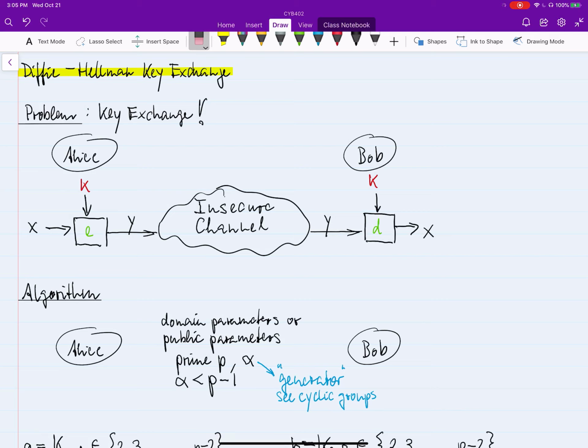So the question is, how do you get that key which is shared between Bob and Alice over the network, over the insecure channel, without somebody eavesdropping who is listening and monitoring the insecure channel?